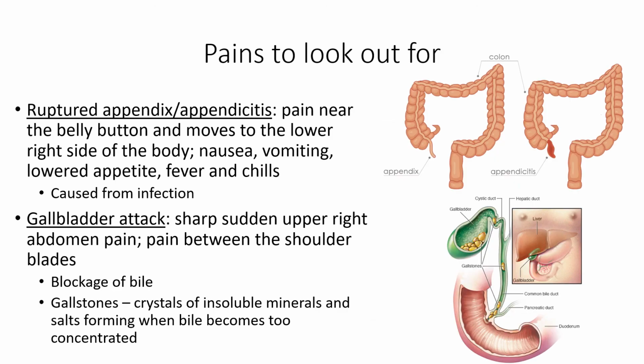Alright, pains to look out for. We've talked about appendicitis or a ruptured appendix before. This pain is going to be near the belly button and move to the lower right side of the body, which is where the appendix is. There's also going to be nausea, vomiting, a lowered appetite, fever, and chills.